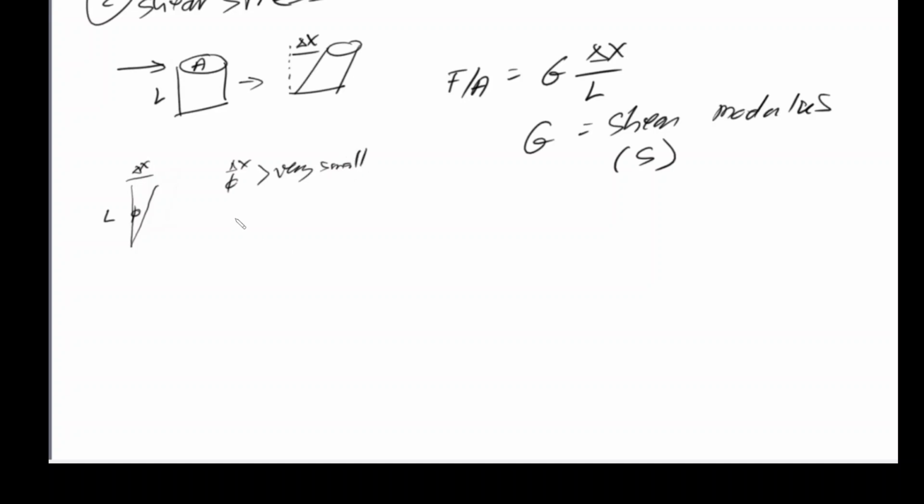In that case, delta x over L is equal to the tan of phi. And for very small angles of phi, we're talking about less than 1 degree, delta x over L is approximately equal to phi, which would mean then that delta x is equal to L times phi.